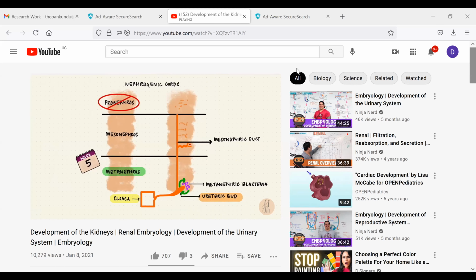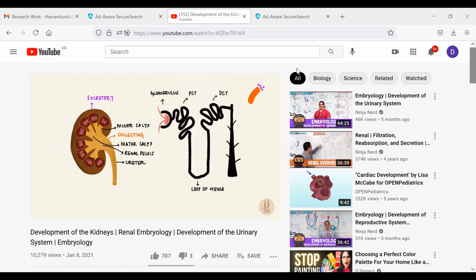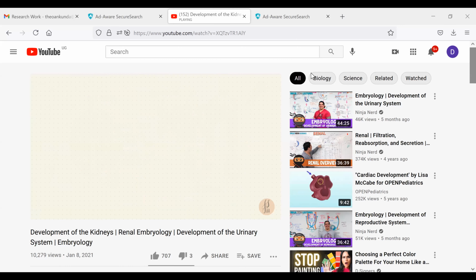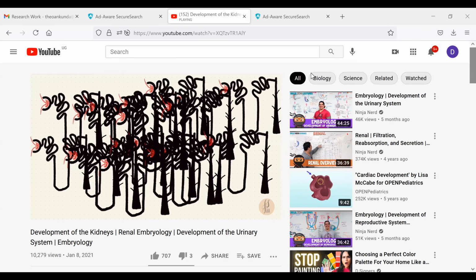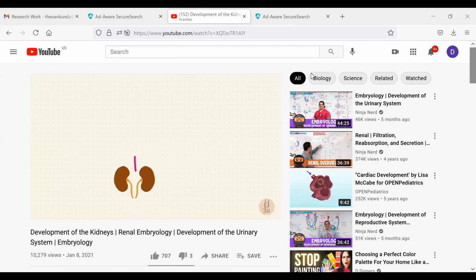So the ureteric bud forms the calyces, the renal pelvis, and the ureter, so everything from the collecting duct downwards. And the metanephric blastema forms the excretory portion from the glomerulus to the distal ureteric. As gestation continues, the number of nephrons increases, because ultimately the kidneys have millions of nephrons. But the kidneys ultimately have to be in the abdomen.